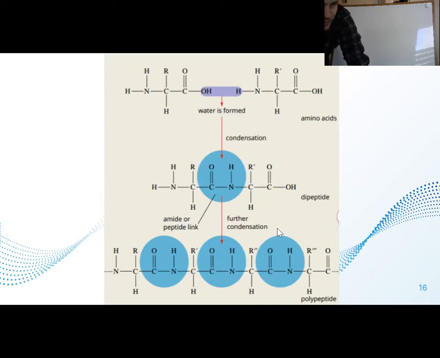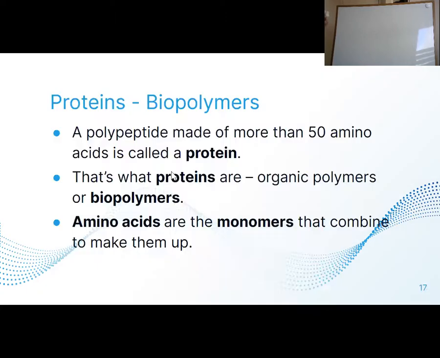And then we can keep condensing and creating the chain. I don't think it can be never ending, but effectively it can. So I think I got through that quicker than I thought I was going to.